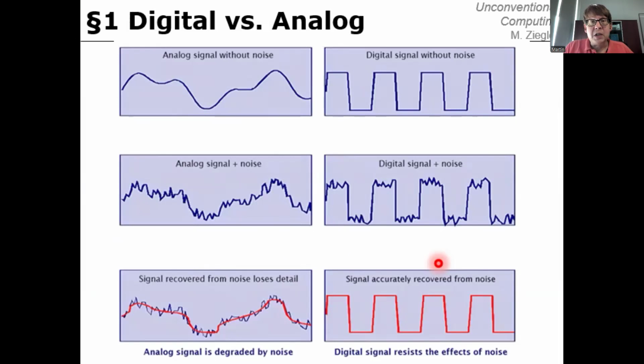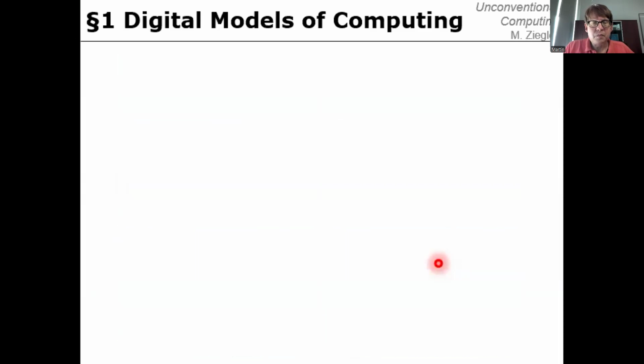Whereas in a digital signal, if the noise is not too large, then it's still possible to distinguish between 0 and 1, between, let's say, 0 volt and 5 volt in old TTL logic, or between 0 and 3 volt in CMOS logic, depending on how these zeros and ones are implemented and realized in various physical ways.